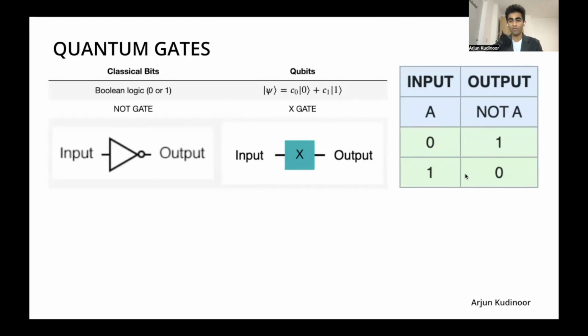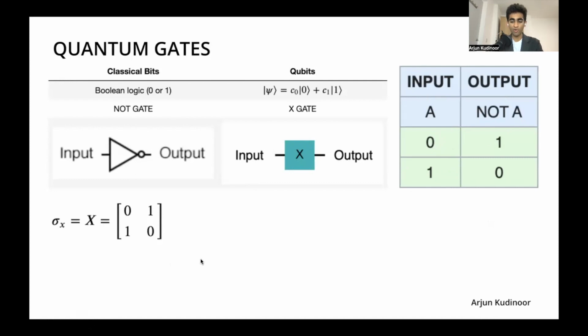This is what the gate matrix looks like for this. And we notice that this matrix, 0, 1, 1, 0, where basically you have inputs in this column and then outputs in this column, is the same thing as the Pauli X matrix. So we call this an X gate. So a NOT gate classically is equivalent to an X gate, an X quantum gate, or the Pauli X matrix.